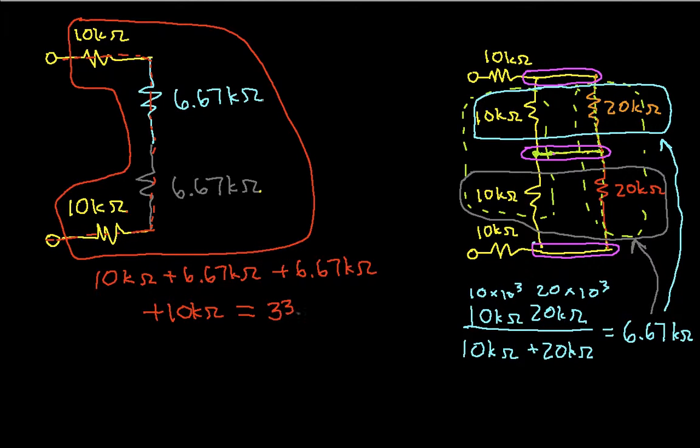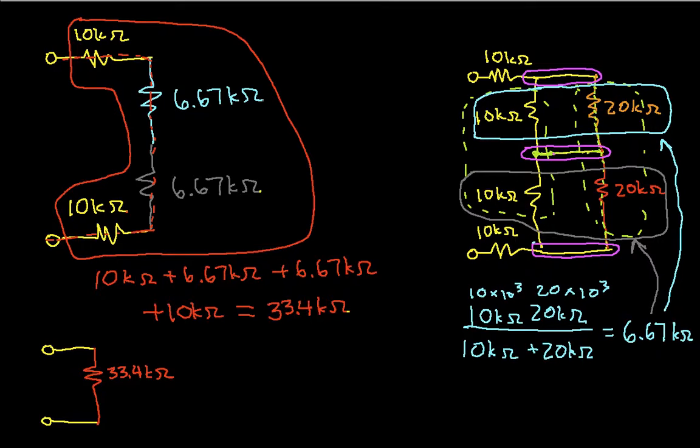It should be 33.4k ohms. So that implies that this whole network can be replaced by an equivalent 33.4k ohm resistor.